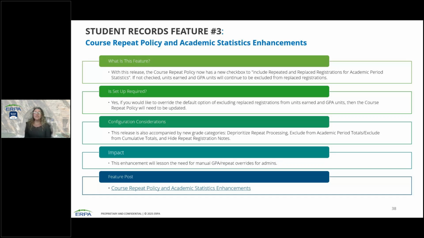If you don't check this, Workday automatically excludes your units earned and GPA units for registrations that have been replaced. With this checkbox, you can override that at a policy level as opposed to manually overriding the academic statistics for individual students.